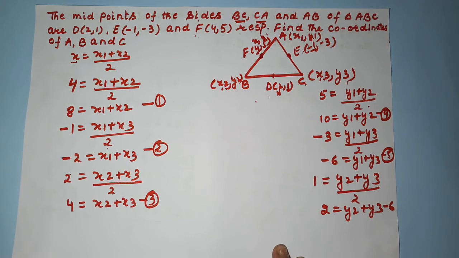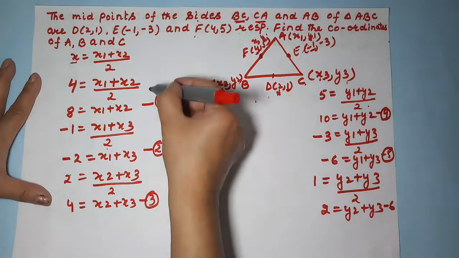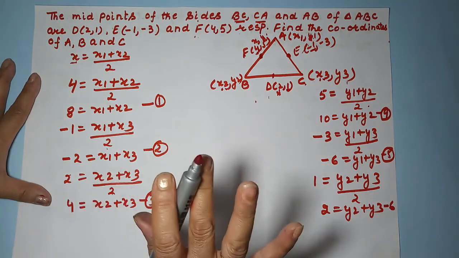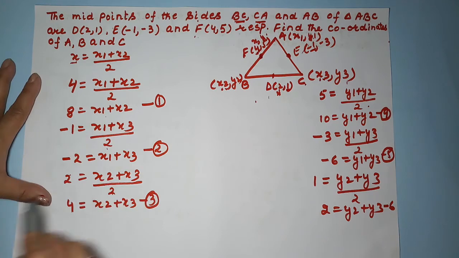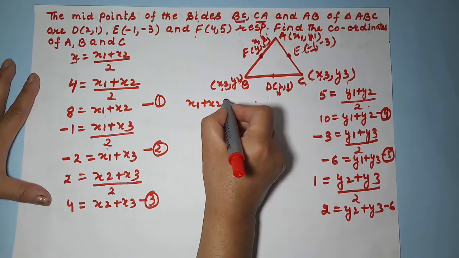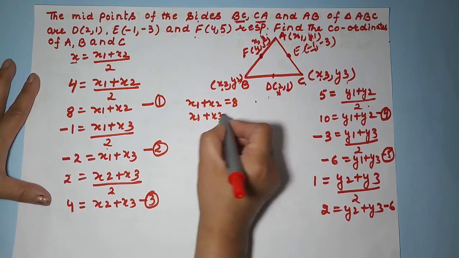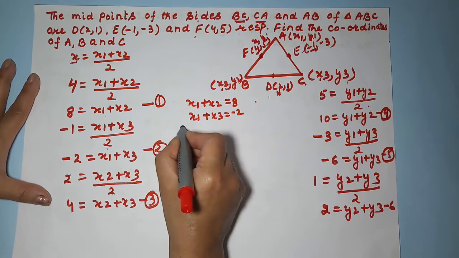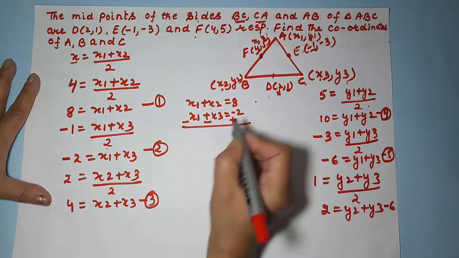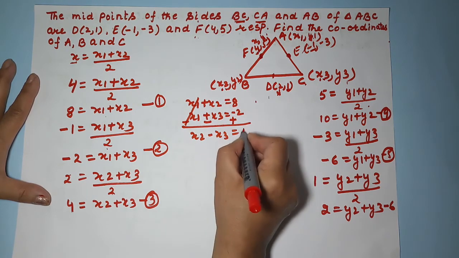Now the point is, how do I solve them so that I get the values of x1, x2, x3, y1, y2, y3? So first what you should do is, you have three equations here. Take any two and subtract them. So let's take the first equation and second equation. x1 plus x2 equal to 8 and x1 plus x3 equal to minus 2. Let's subtract them. What do we get? This will go. I'll get x2 minus x3 equal to 10.